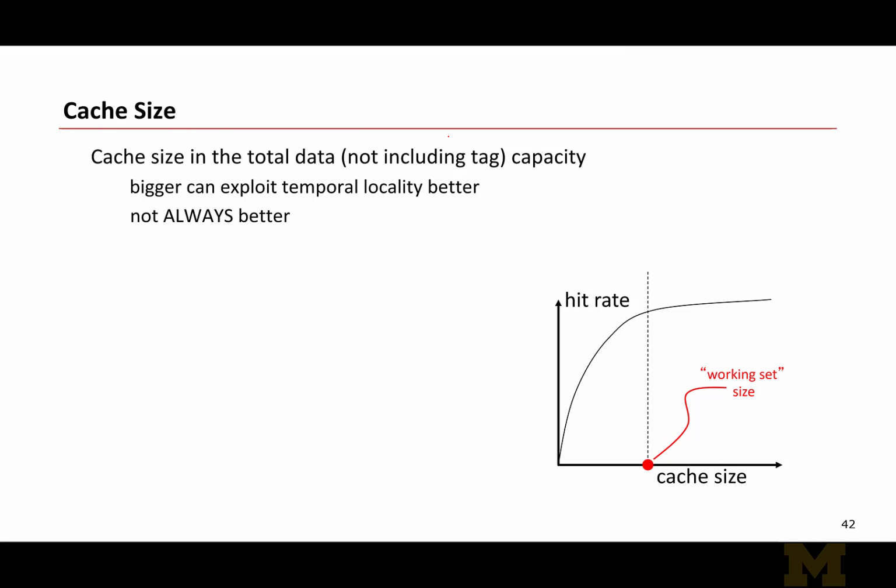So I talked about trade-offs. One of the trade-offs that we have to make is deciding the cache size. In a processor you have only a limited number of transistors at your disposal. Do you decide to spend them all on caches, or do you reserve them for some other structures, let's say a larger branch predictor, etc.? So one has to decide what cache size is beneficial to a program.